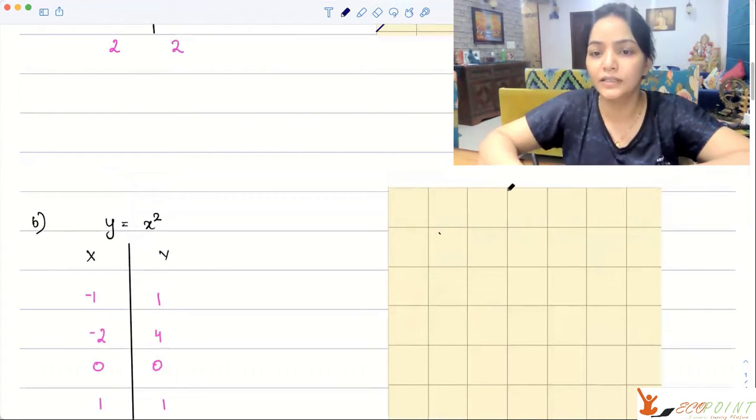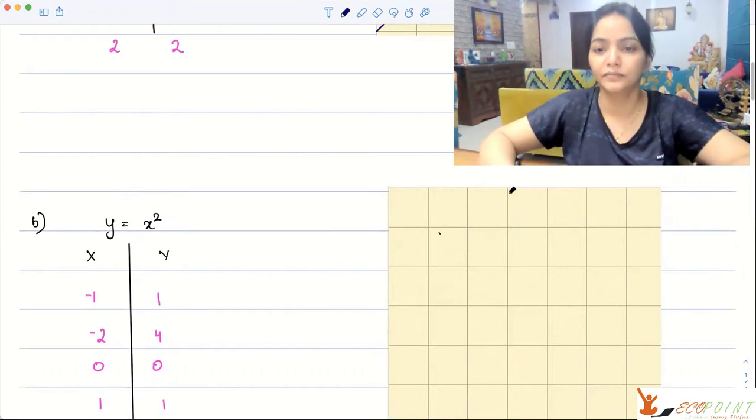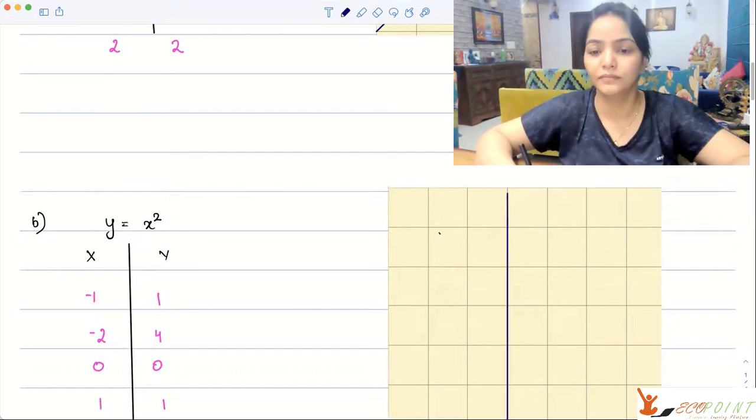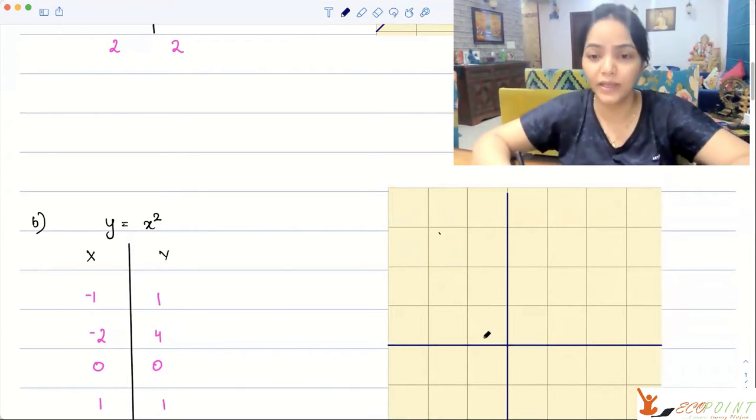So let's take this as our y-axis, and x-axis. See, because y will never be negative, so I am taking more space for the positive y.